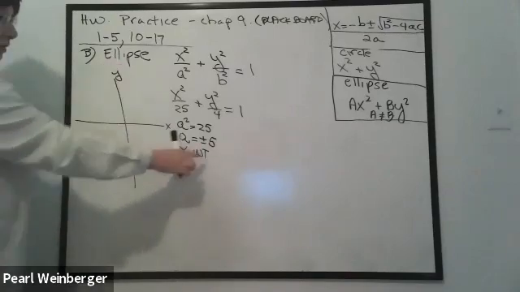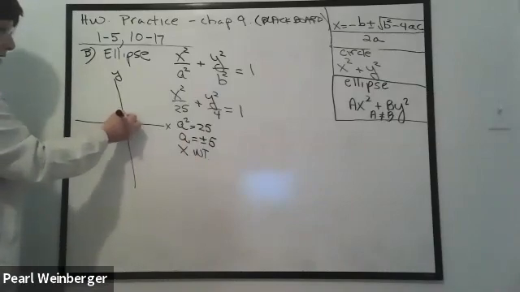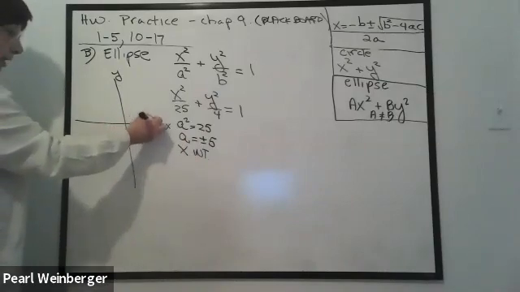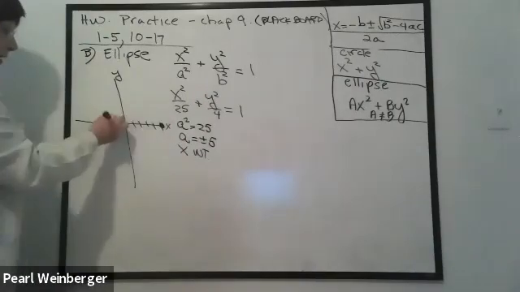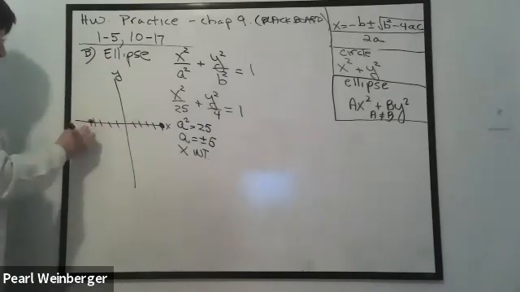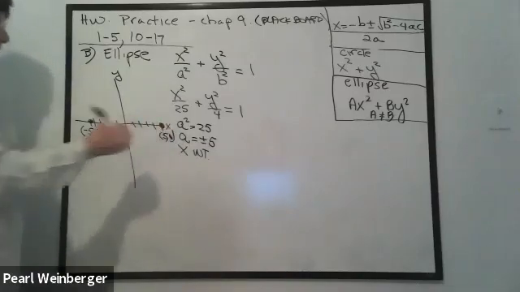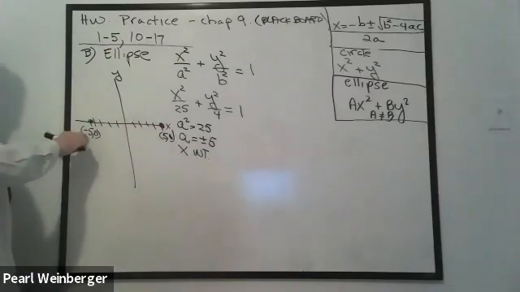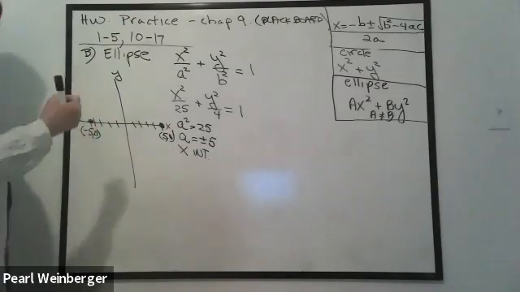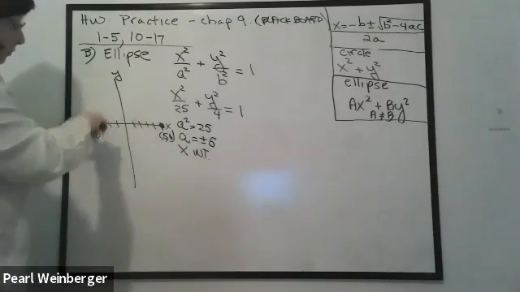Since a squared was 25, that meant the a was 5 or negative 5, so I go 5 to the right and 5 to the left. In other words, this is the point negative 5, 0, and this is the point 5, 0. Remember, on an x-axis, the x-intercept has a y of 0, and the numbers were either positive 5 or negative 5.